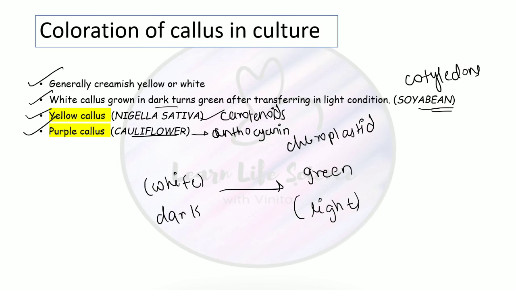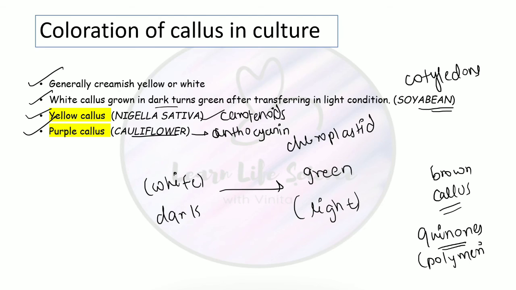Many times you will observe the formation of brown callus, and this is basically due to the release of phenolic substances. We know that phenolic substances are generally oxidized, and after oxidation they form quinones. These excreted quinones polymerize, and the polymerization leads to brown color development, as we see in bananas.